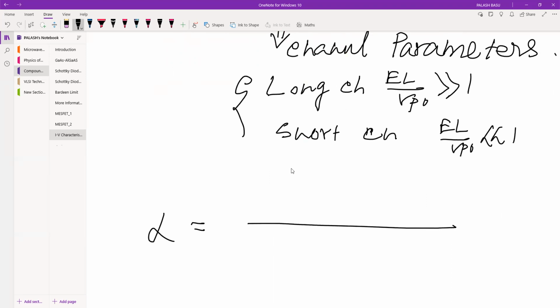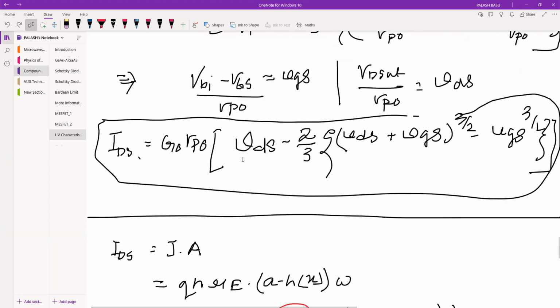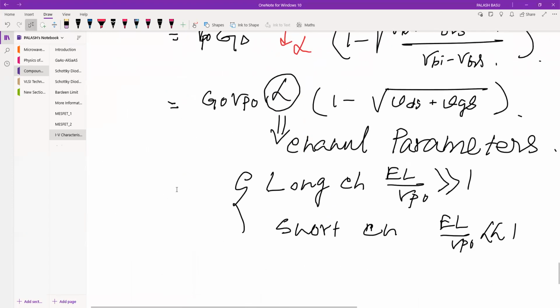Value of alpha, you can identify, so you have to equate this expression. Let us write 1, and this expression, let us write 2, and both we have to equate.